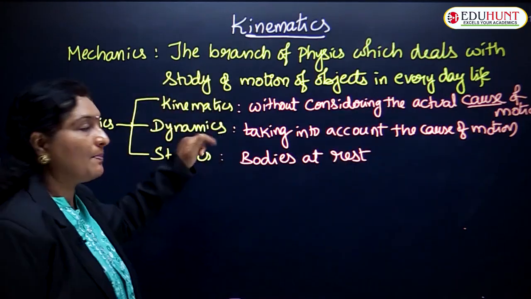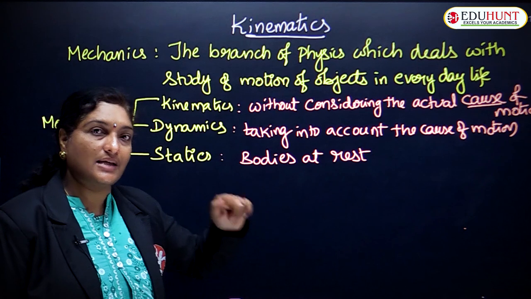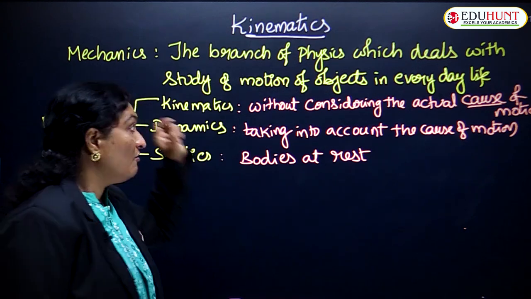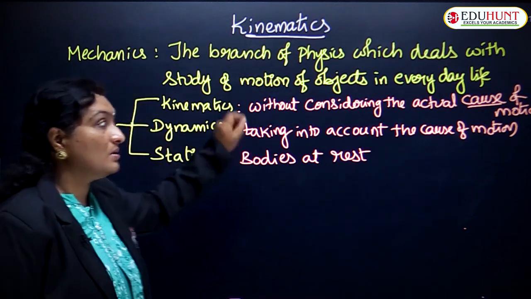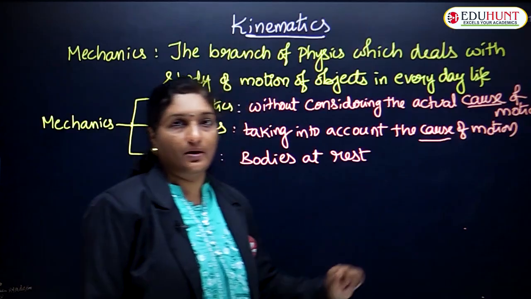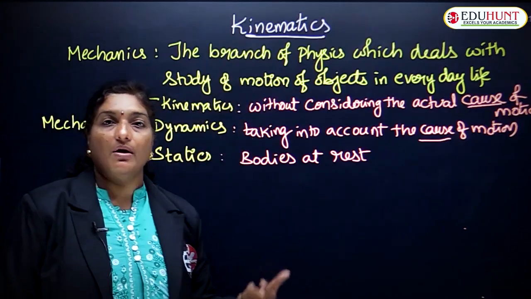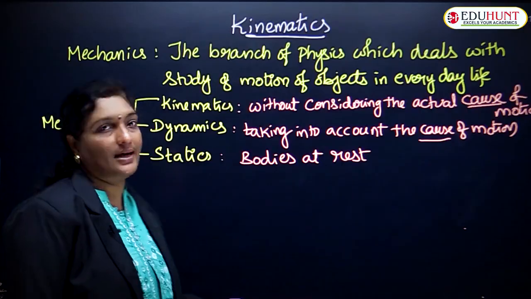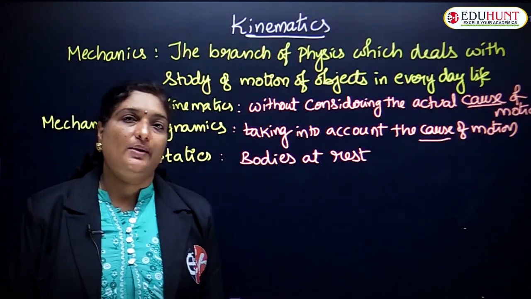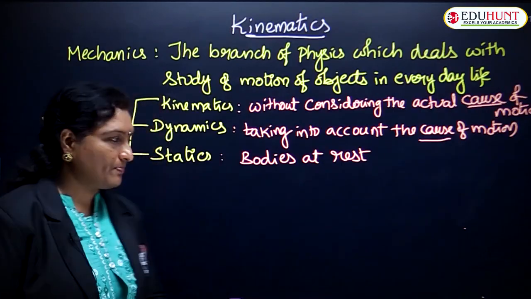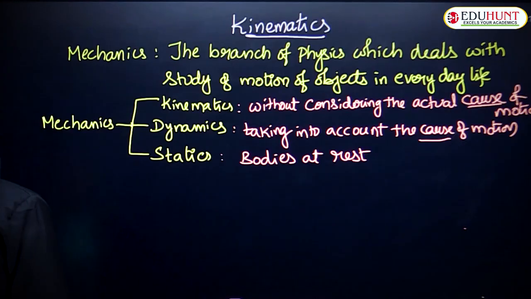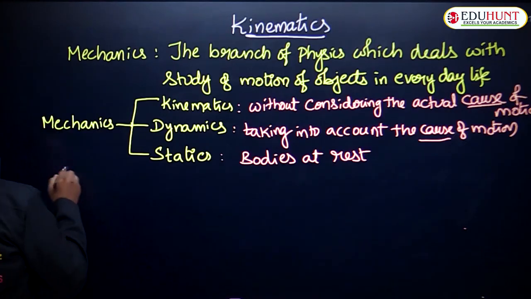Whereas dynamics deals with the study of motion of objects while taking into account the cause of motion. Whereas statics deals with the study of bodies which are at rest with respect to some fixed point. Now let us try to understand what is a point object.